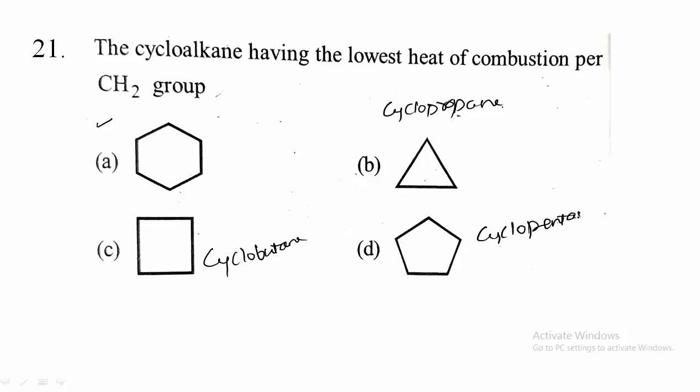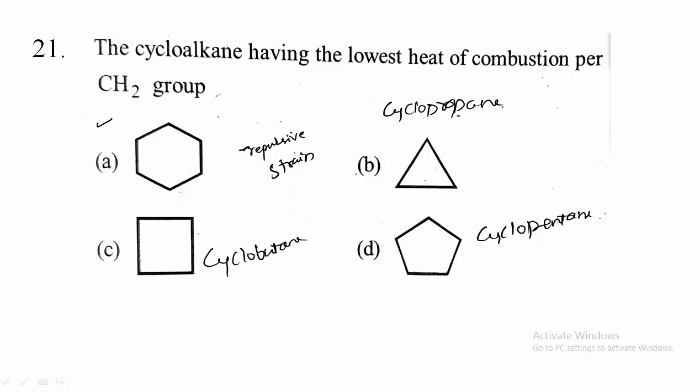Among these, which one has the least strain? As I have already told you, instead of repulsive force, I will use strain here. Whatever compound has the least strain will have the lowest heat of combustion.